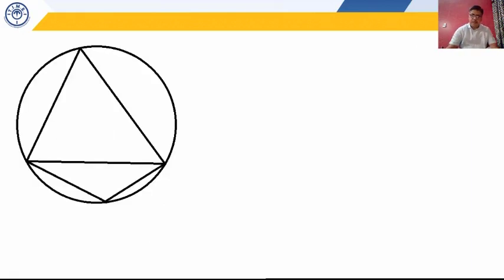Next one, note 11. Let's say this is your triangle ABC and this is DBC. So angle made by the chord in the major arc is always an acute angle.